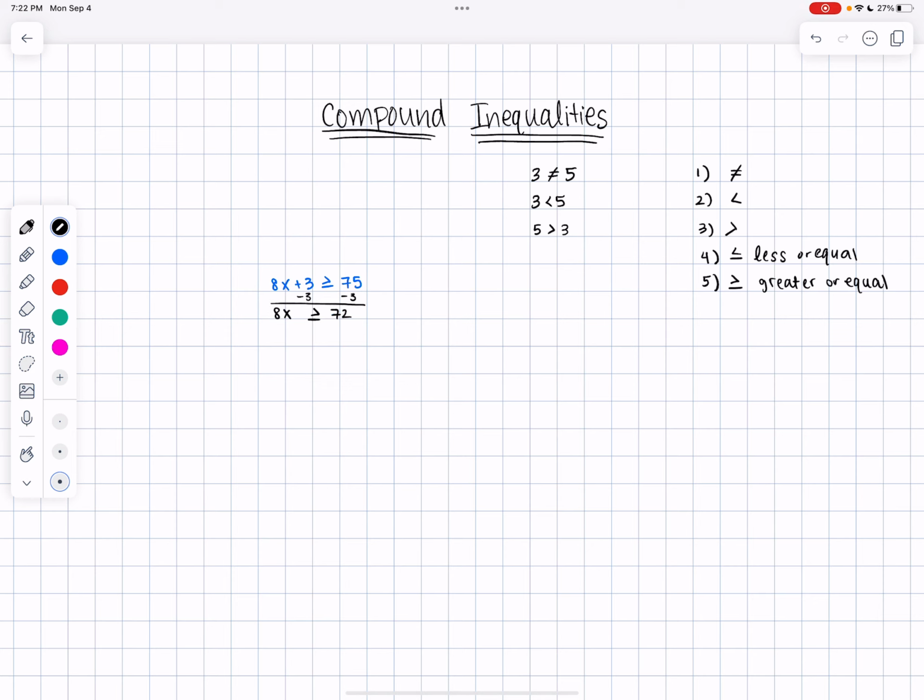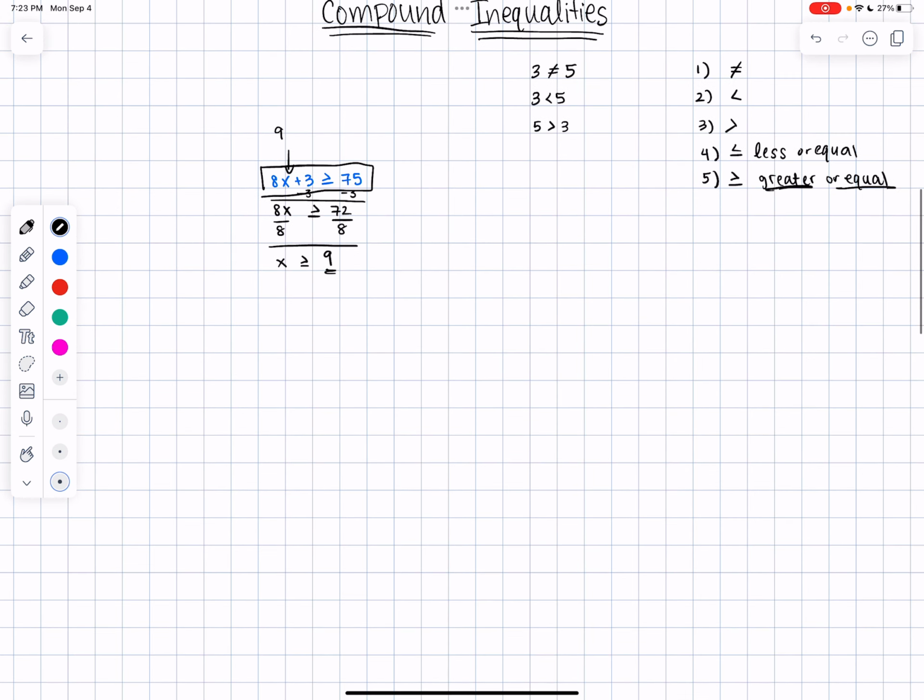And then we divide by 8 on both sides. So then x is greater than or equal to 9. So for this statement to be true, x has to be at least 9. So it has to be 9 or greater.